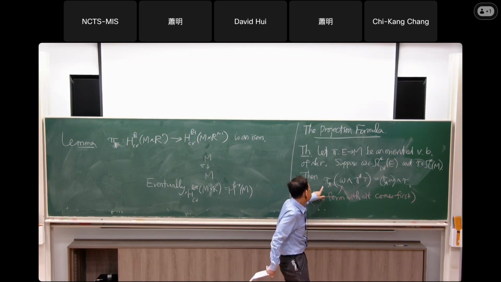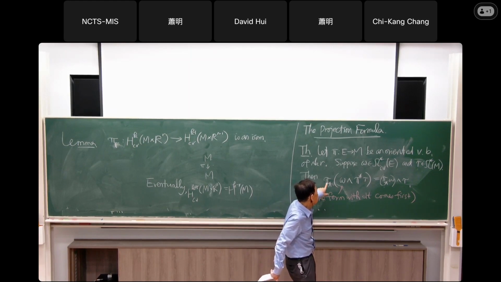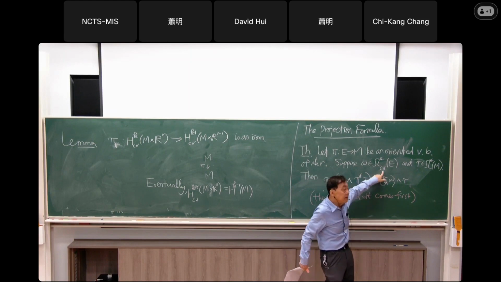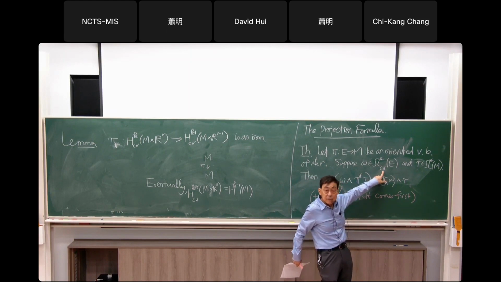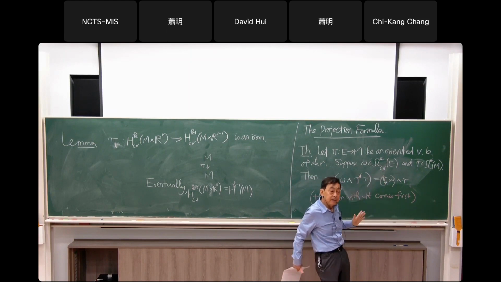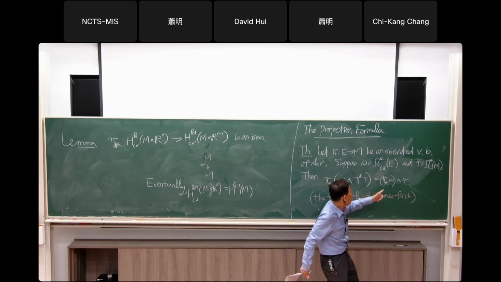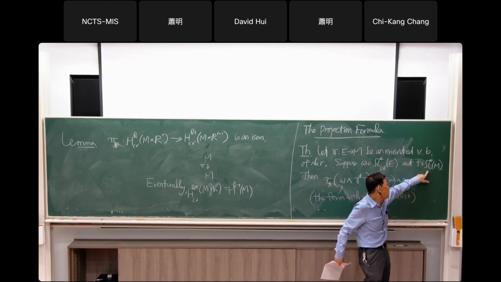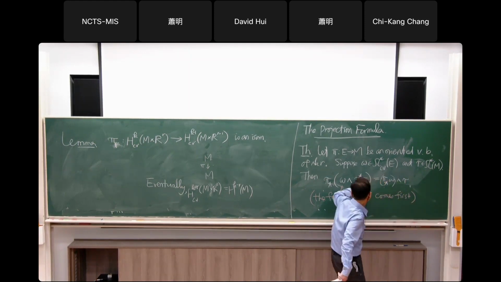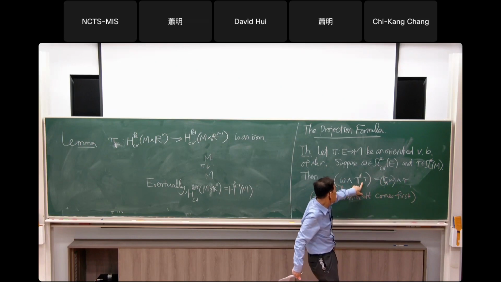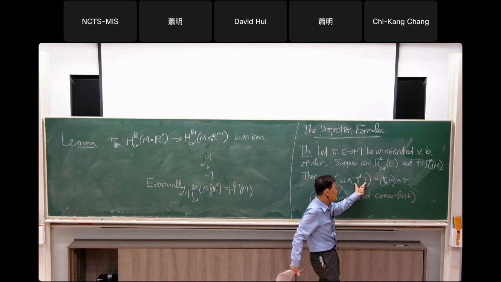And then you can only integrate if it has compact vertical support. Now this tau doesn't have any support hypothesis. It's an arbitrary form, it may not have compact support, but omega has compact vertical support.